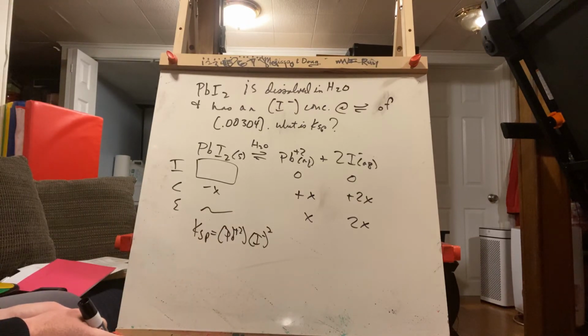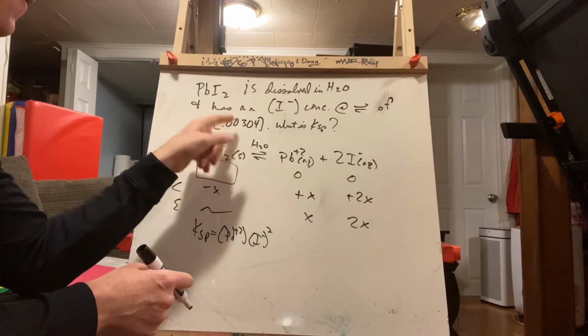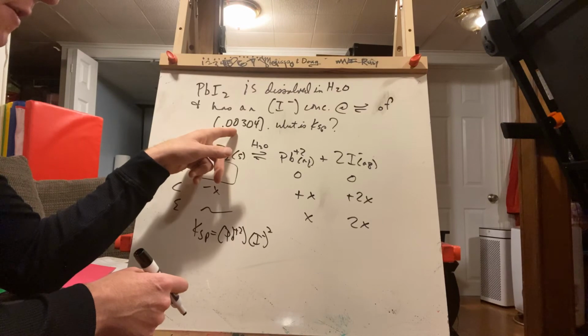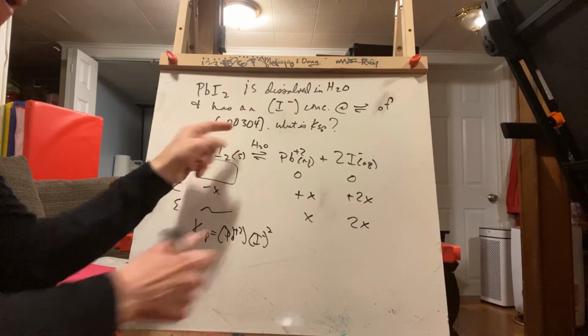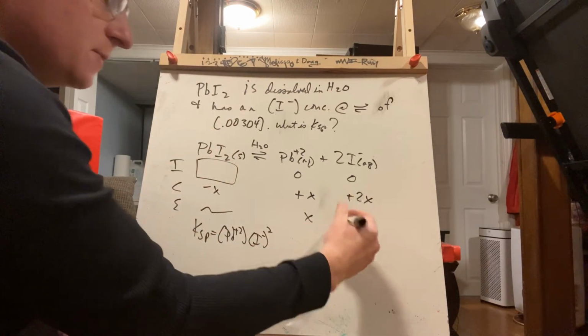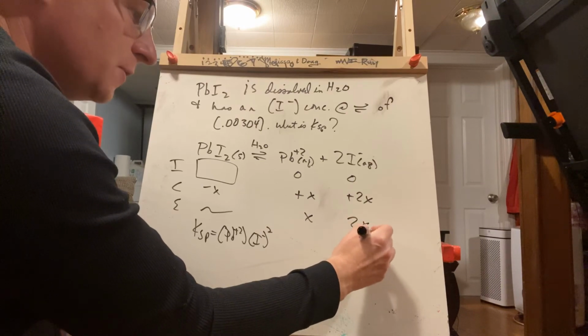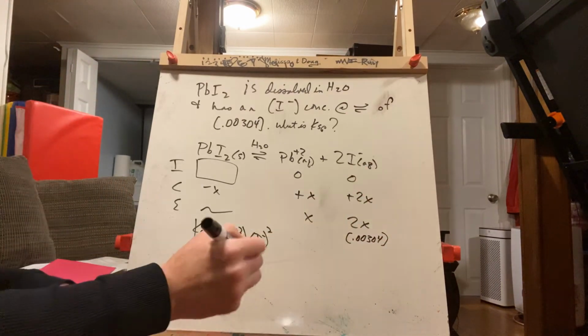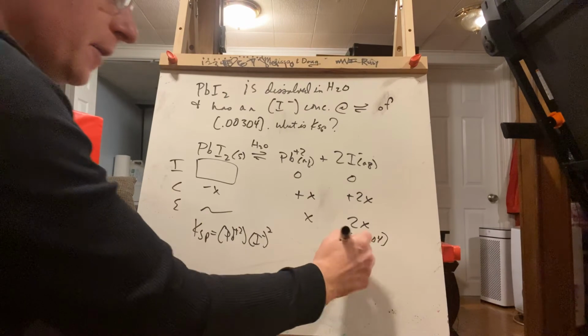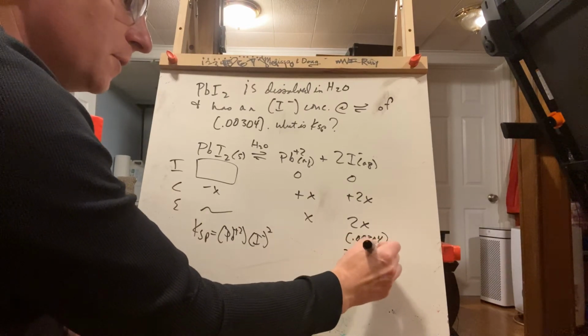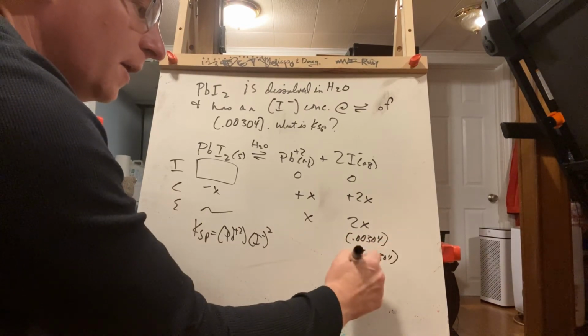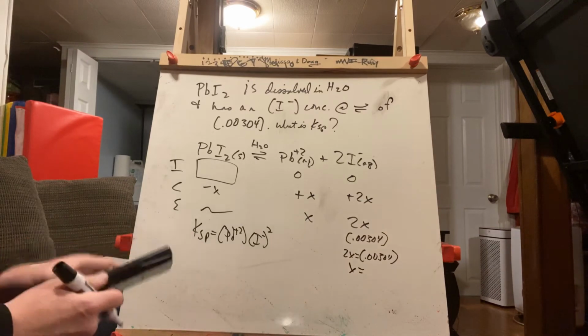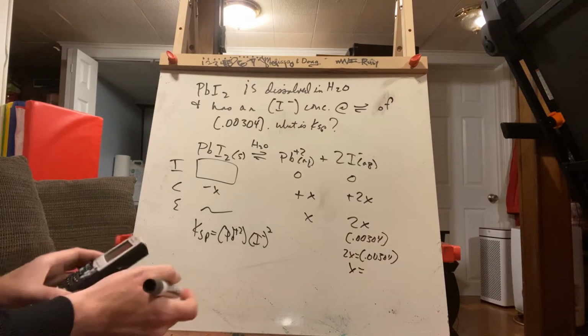Now, they give you the concentration of I minus as 0.00304, which means that 2x is 0.00304. So if 2x equals 0.00304, x equals 0.00152.